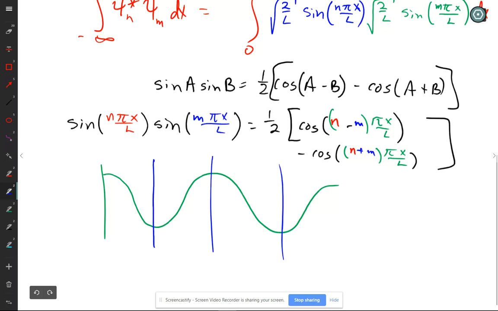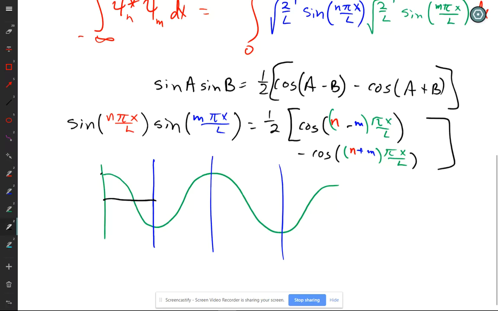What is the integral going from here to here? It's 0. You have just as much area above as you had below. And then each one is adding on the same thing. So no matter what n and m are, as long as they're not equal to each other, the integral of each one of those dx from 0 to L is going to have to be 0.